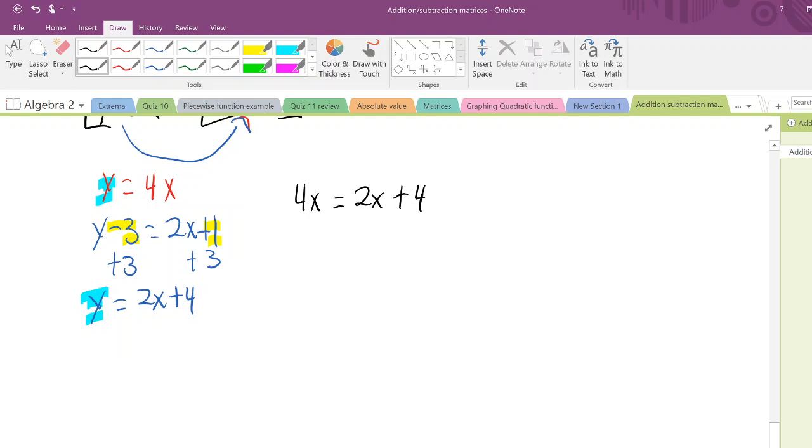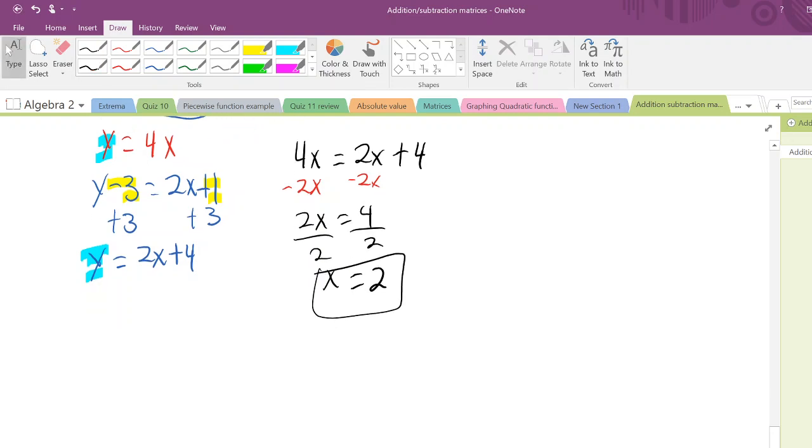Now I'm going to subtract 2x from both sides, so I get 2x is equal to 4. Divide by 2, so x is equal to 2.